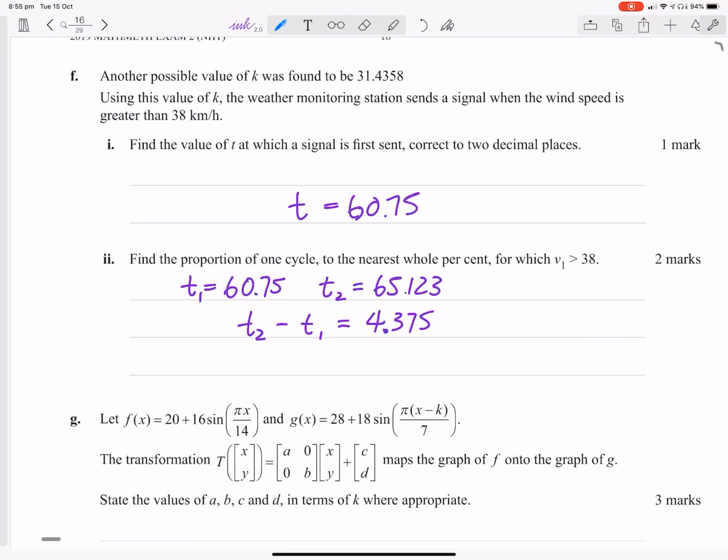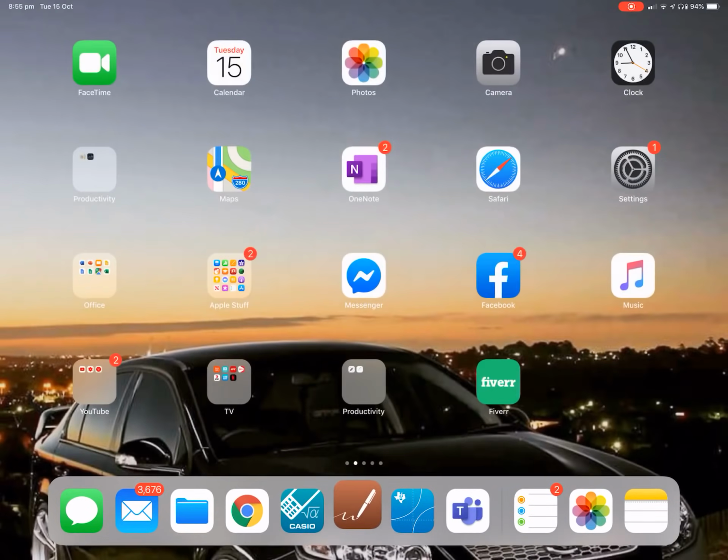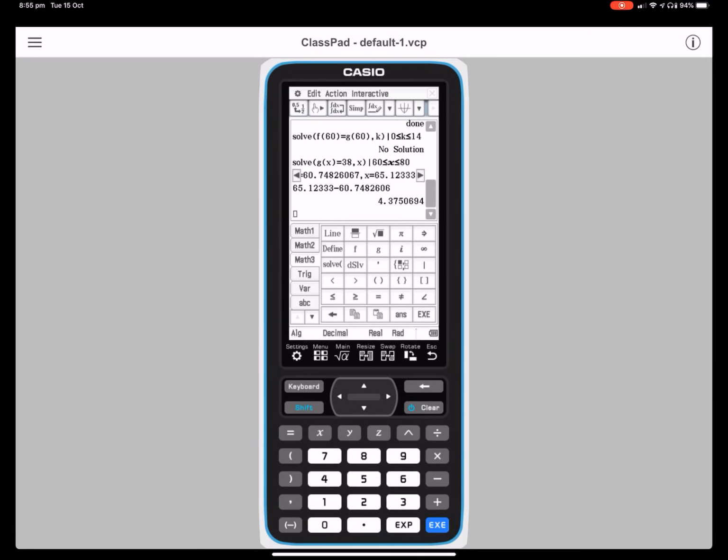And then, therefore, 4.375 out of the period. What did we say the period was? 14. Divided by 14 times 100.